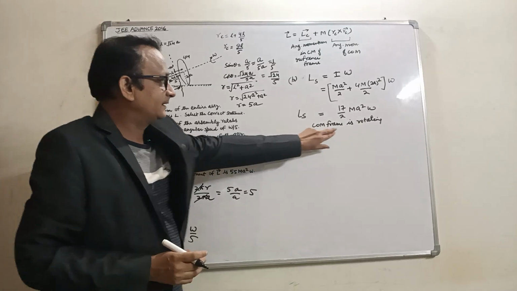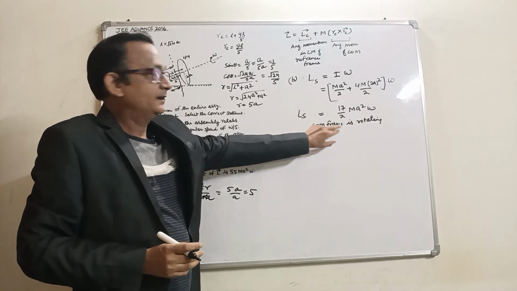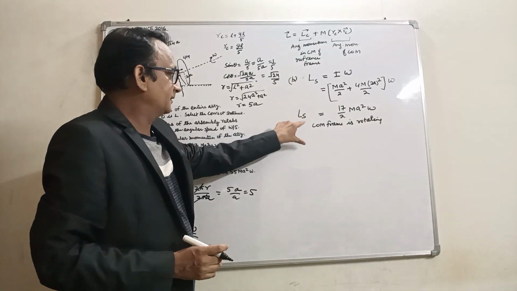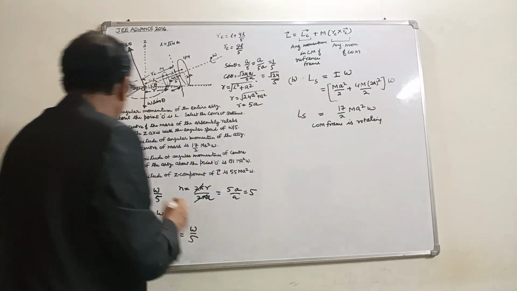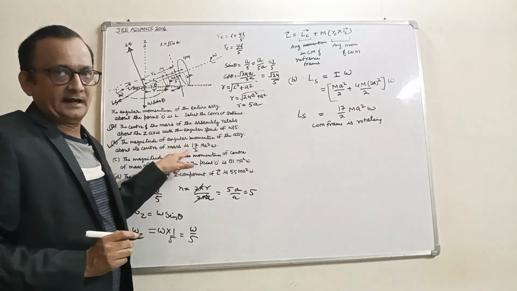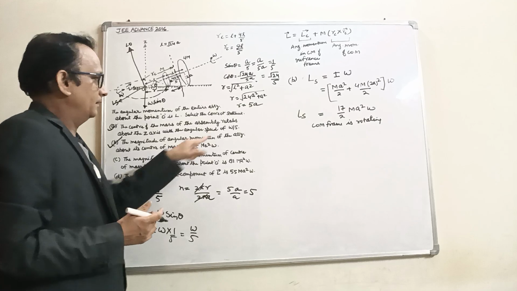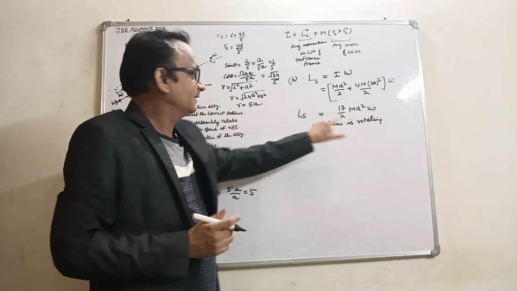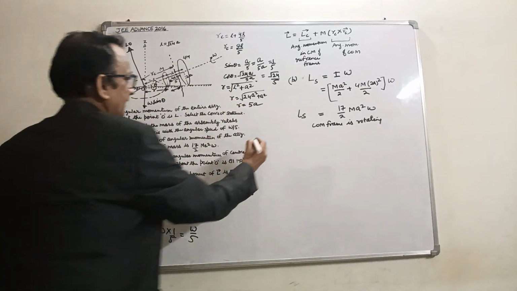But when the center of mass frame is not rotating, an extra term would be added here, so this would not be correct. So this option is assumed to be correct if we consider the center of mass frame to be rotating.